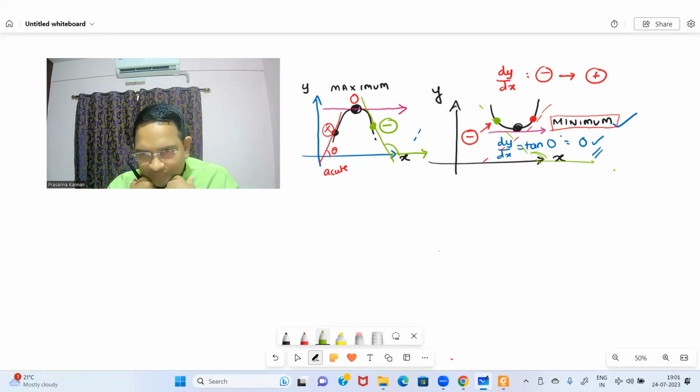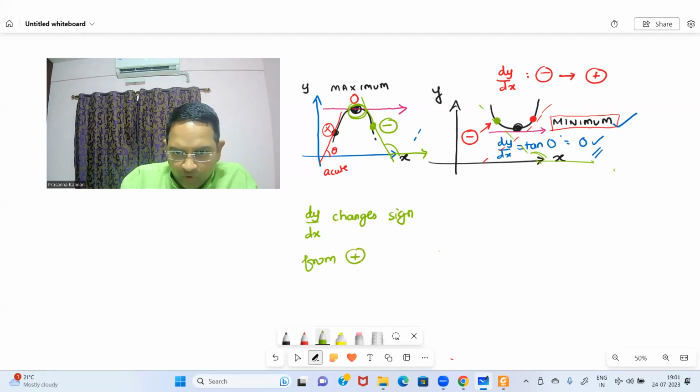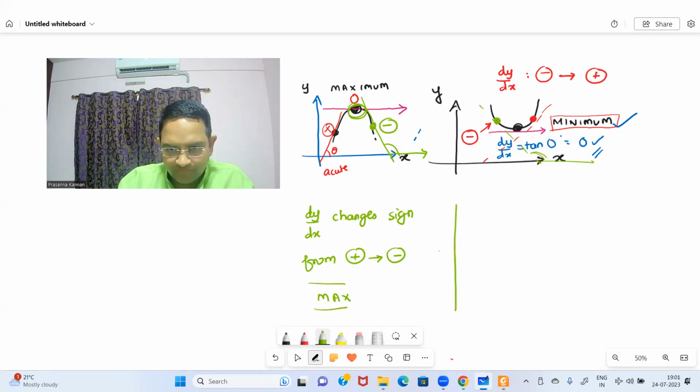Can I say that? Before dy by dx becoming 0, it was positive. After dy by dx became 0, it became negative. Then what is that point where it becomes 0? Is it maximum or minimum? Maximum. That's all I'm trying to drive. So if dy by dx changes sign from positive to negative, we are talking about a maximum point.